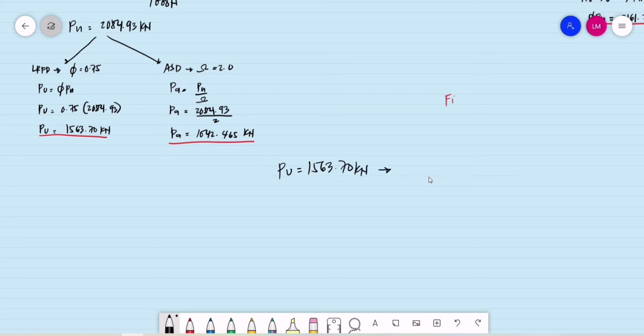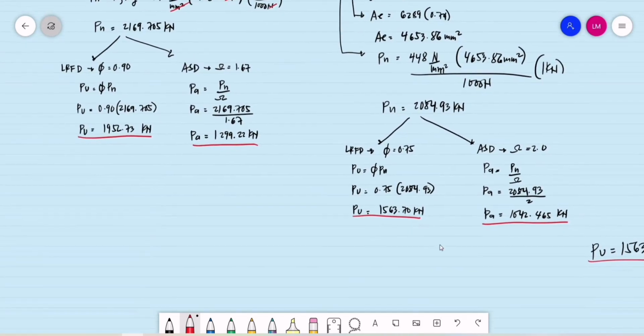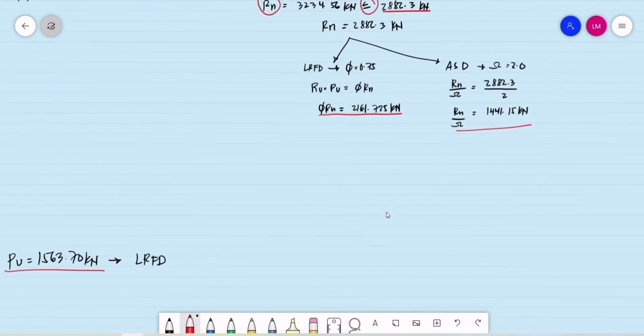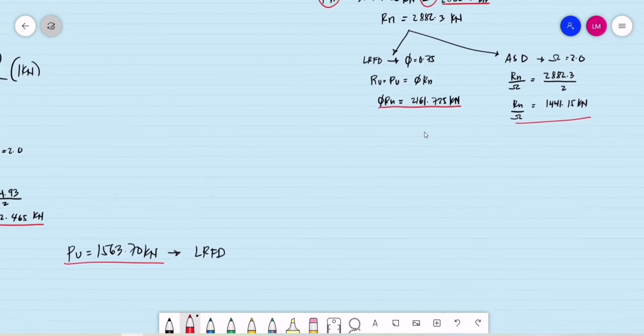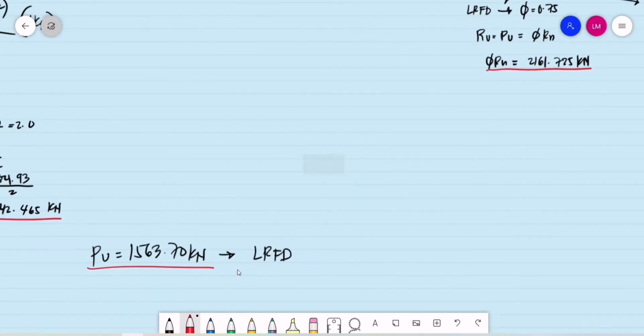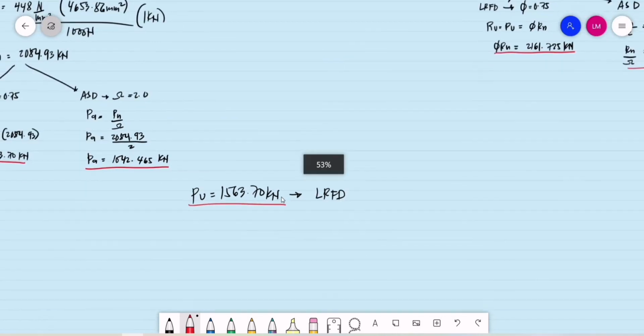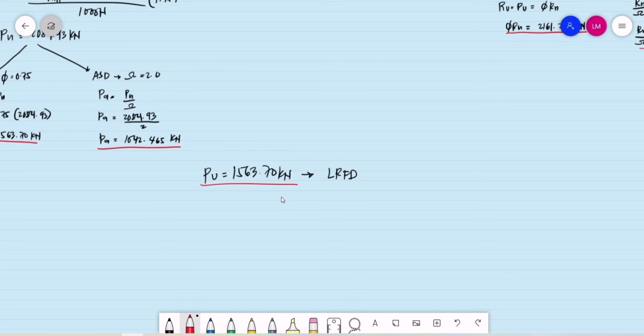This is for LRFD. If you are to compare the LRFD values for the three analyses, 1952 is greater than 1,563.70, and 2,161.725 is greater than 1,563.70. So the safest value is 1,563.70 kilonewtons. That is the design strength.